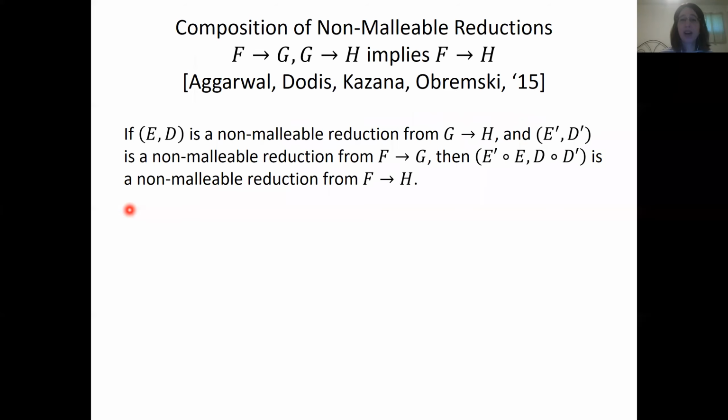So if we have a non-malleable reduction from the class F to the class G, and a non-malleable reduction from G to H, then we can compose the two encode and the two decode functions in order to get a non-malleable reduction from F to H.